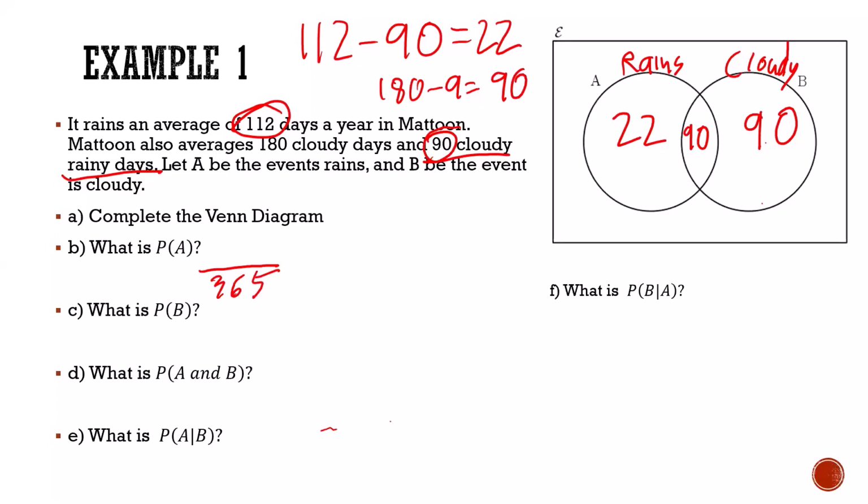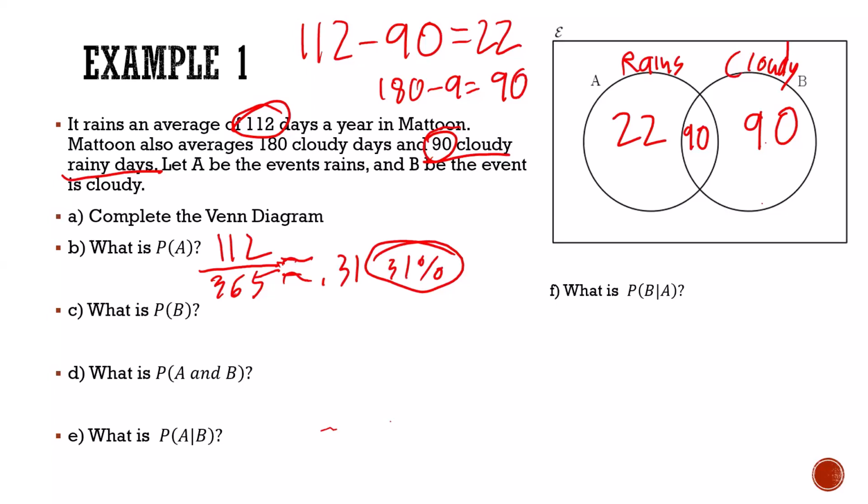And how many of those days does it rain? Not 22. 112, because raining should also include the days that it's cloudy and raining, right? As a decimal, this is approximately 0.31 or 31%.